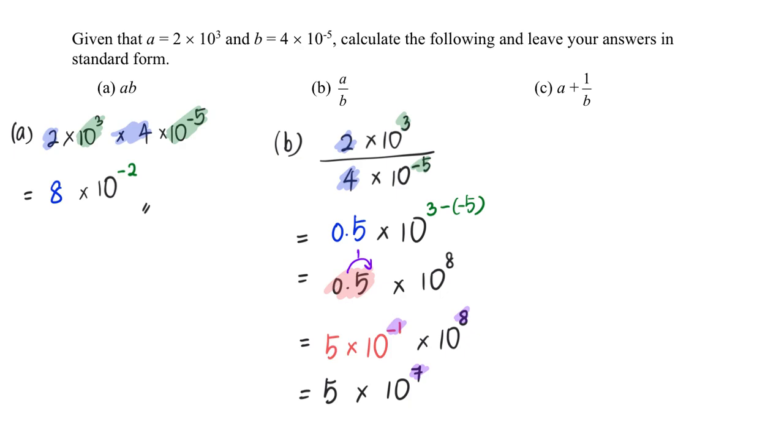Last part of the question, we will have A plus 1 over B, meaning 2 times 10 power 3. I'm going to add 1 over 4 times 10 power negative 5. So this one will be equal to, I'm going to do this. 2 times 10 to the power of 3 is 2000.